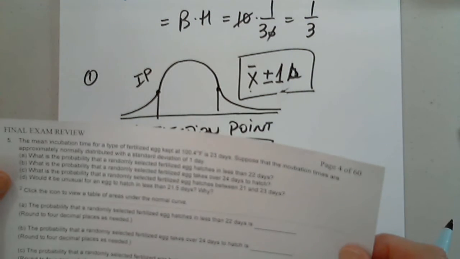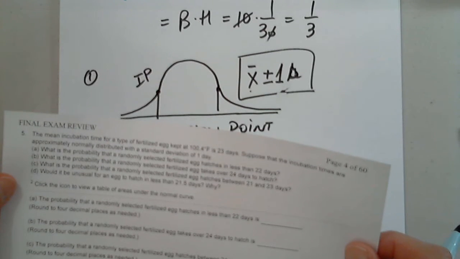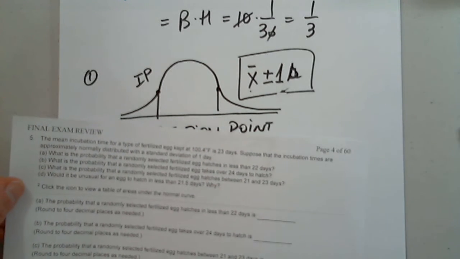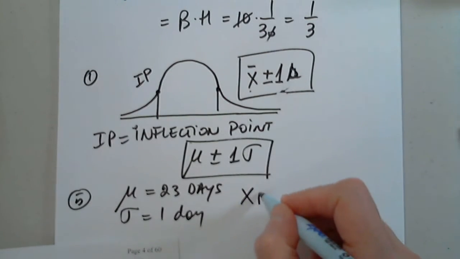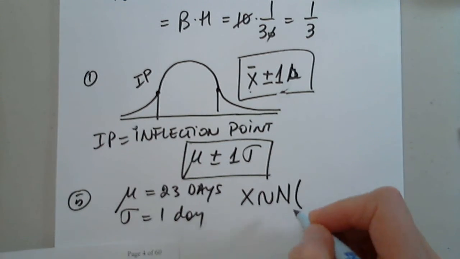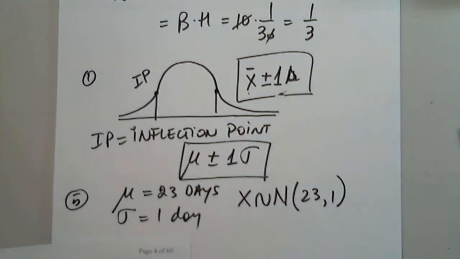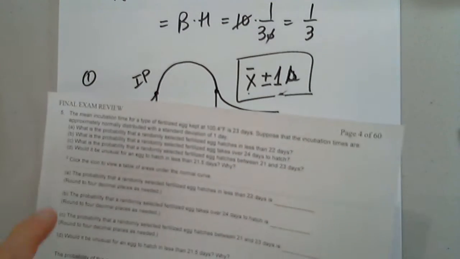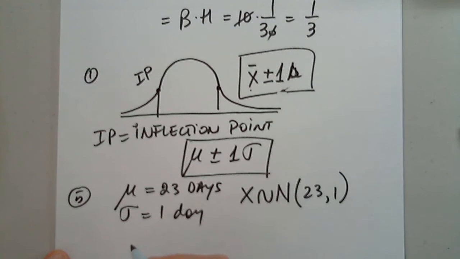What is the probability that a randomly selected fertilized egg hatches in less than 22 days? What is very important, it says they are approximately normal. So we're talking about x, approximately normal, with mean 23 and standard deviation 1. The first question, in less than 22 days. So part A, probability x less than 22 days.